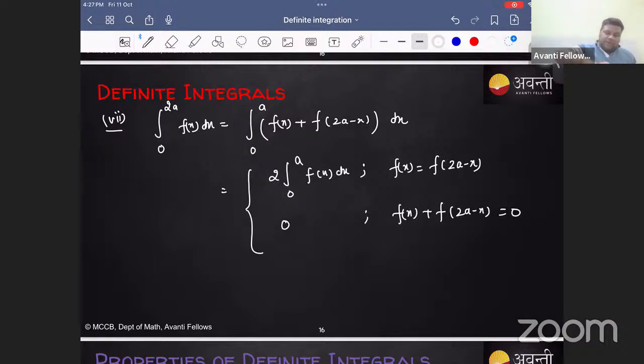Proof is very simple. You can try it on your own. Just split the integration from 0 to a and then a to 2a. And from a to 2a, use a simple substitution like x equals 2a minus t. You will get your result. Got this?